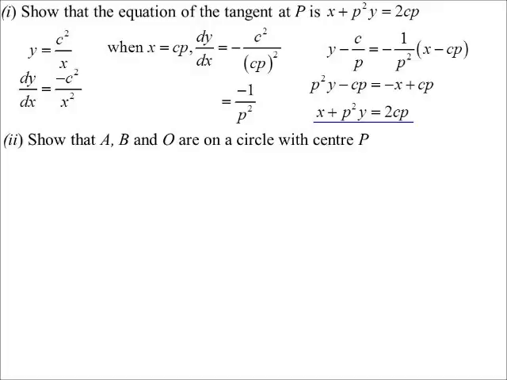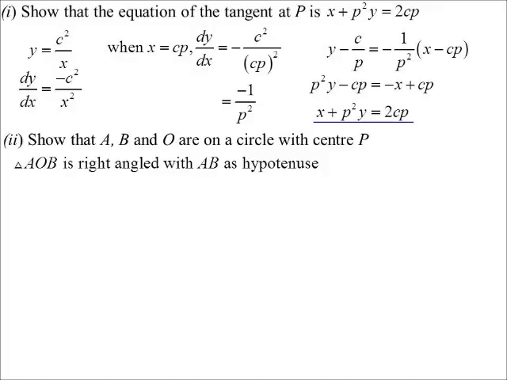Show that A, B and O are all on a circle with centre P. My diagram's not there, but if you have a look at the diagram, we certainly know triangle AOB is right angled, because A was on the x-axis, B was on the y-axis, and O is the origin.